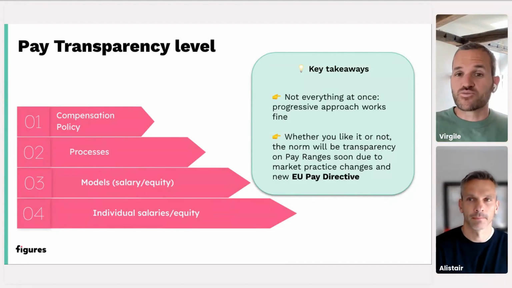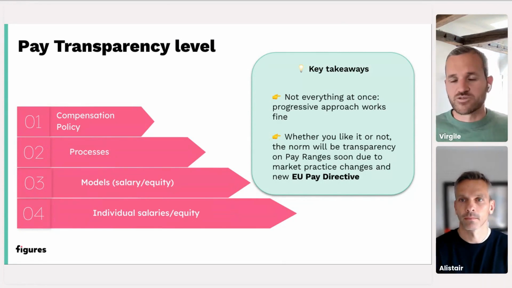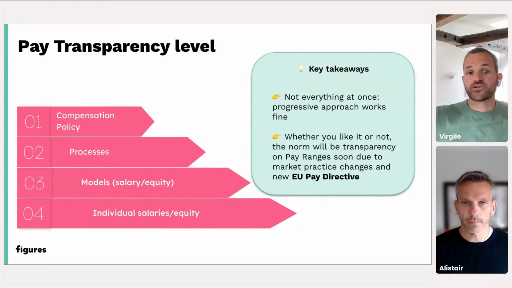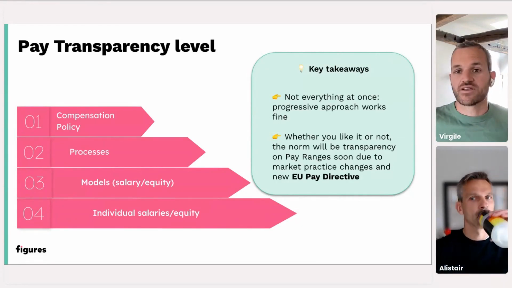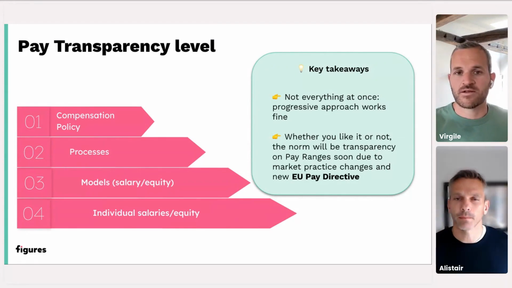You can be transparent on the models, like your salary band model and your equity model. And then level 4, the ultimate transparency, is being fully transparent on who earns what in your company, who has what salary, who has what equity, which is what we have at Figures, by the way. What's your take on pay transparency?